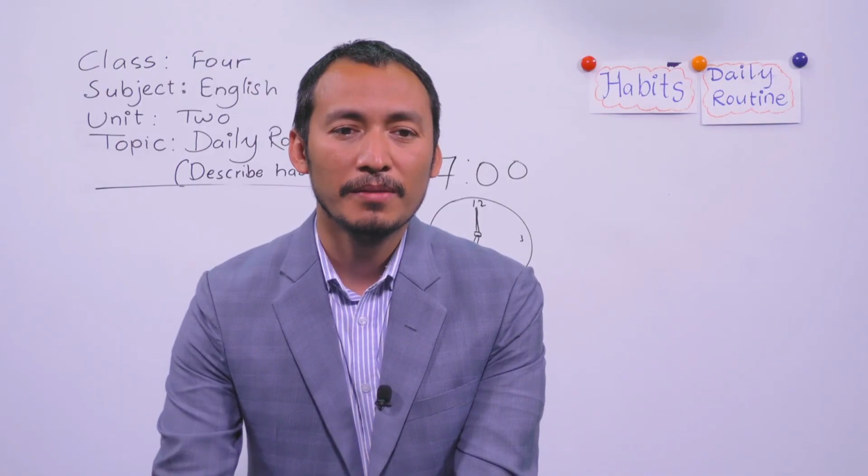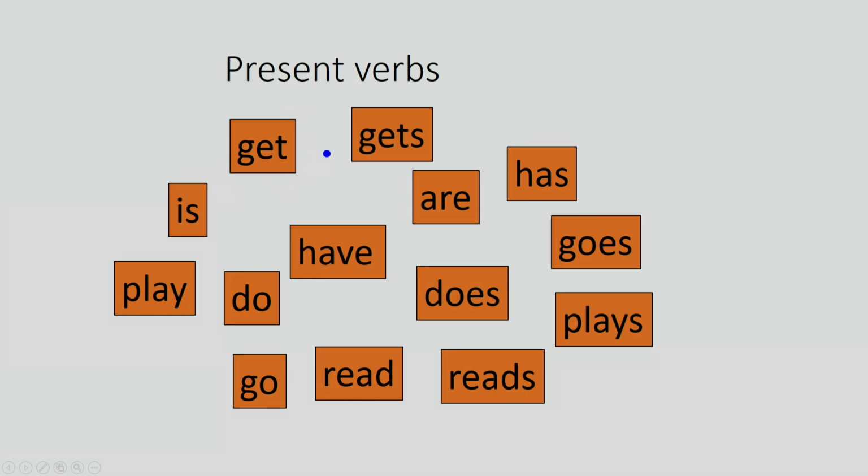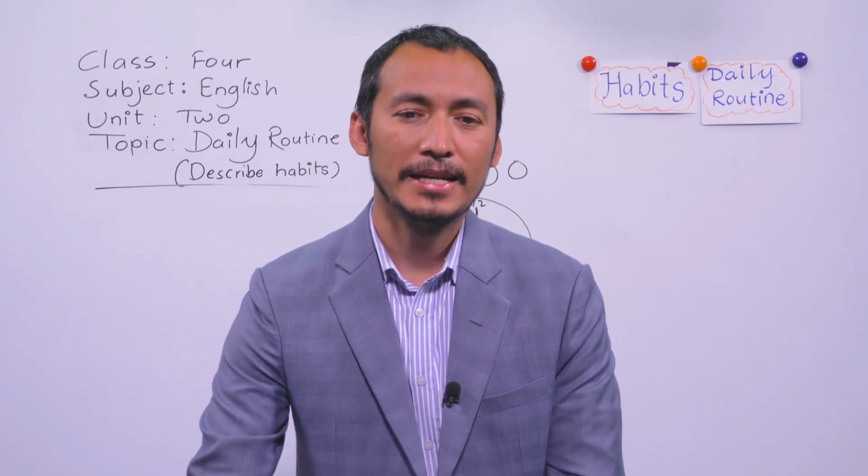Okay, so let's see what kind of verbs are called simple present verbs. These are the verbs: get and gets, is and are, has and have, do and does, play and plays, go and goes, read and reads. These are present verbs. You can use these words in your sentences for writing about your daily habits.